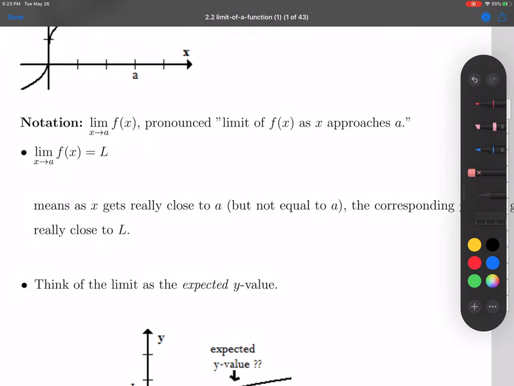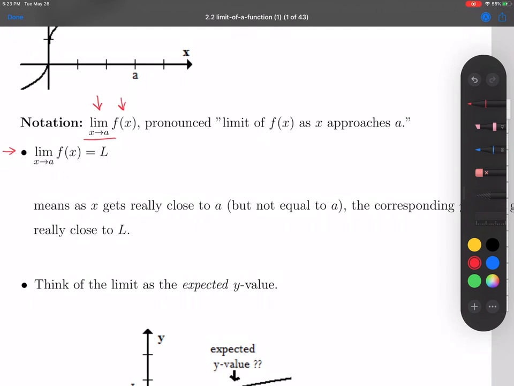Okay, so limit notation, we have it right here. If you guys follow my red pen, let's talk about this. It says lim, then f of x, and on the bottom here I have x arrow a, right? What does that mean? Well, the way that you pronounce that is the limit of f of x as x approaches a. This first bullet here, we have some more notation.